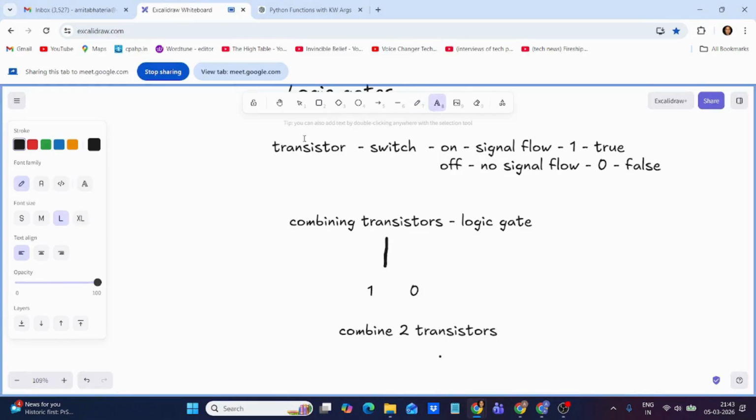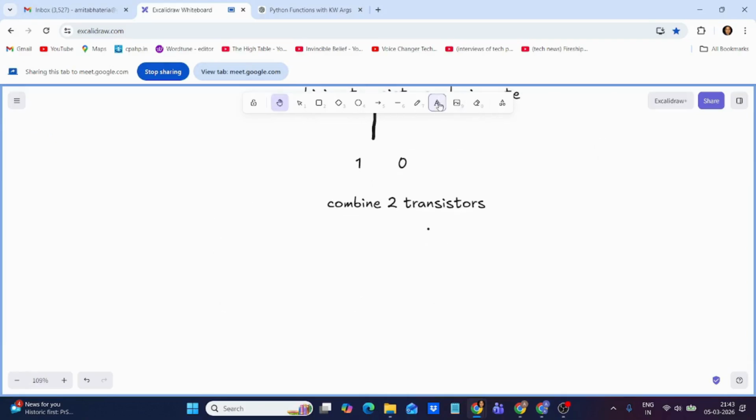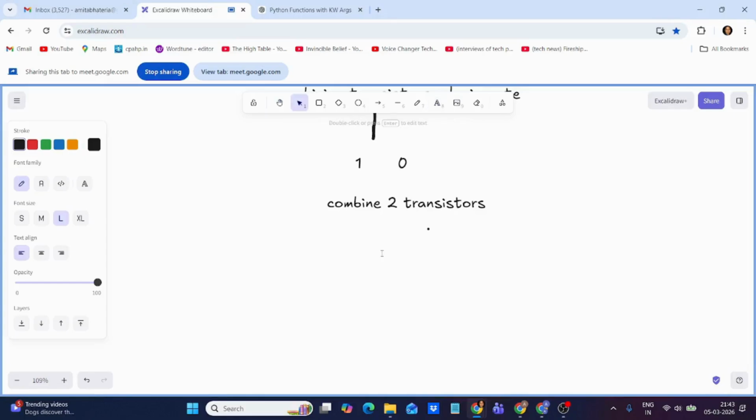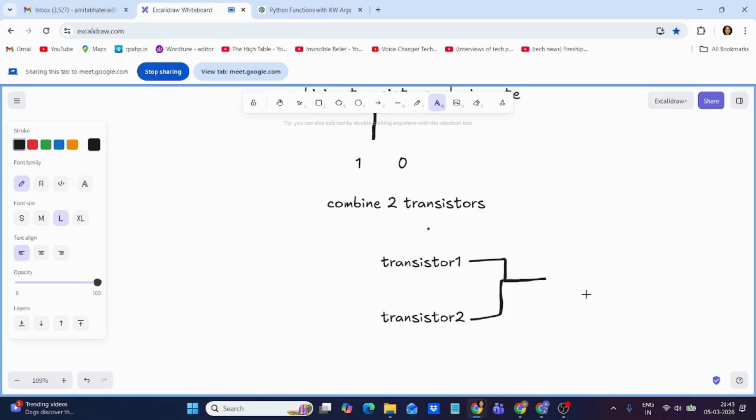Suppose this is our transistor 1, and this is our transistor 2. When we combine these two transistors together, we form a logic gate. Got it?